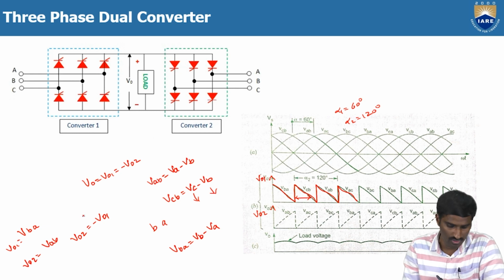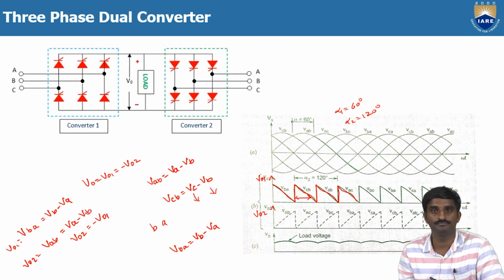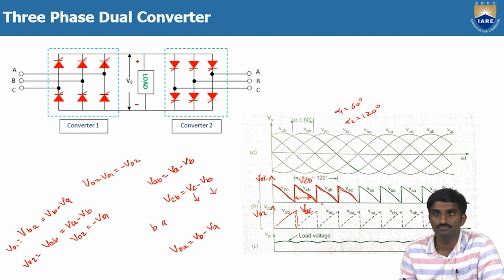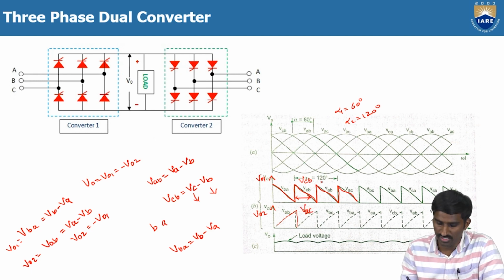VBA means VB minus VA, and here it is VA minus VB. That's why the waveform here is VAB, not VBA. Similarly, here it is VCB for V01 but VAC for V02, and here VAB for V01 but VBC for V02.